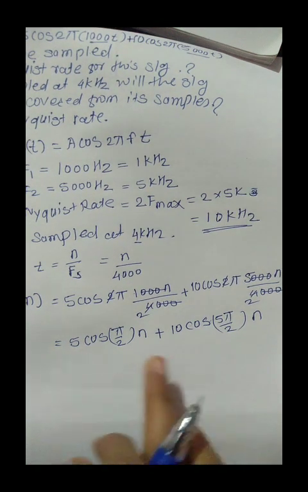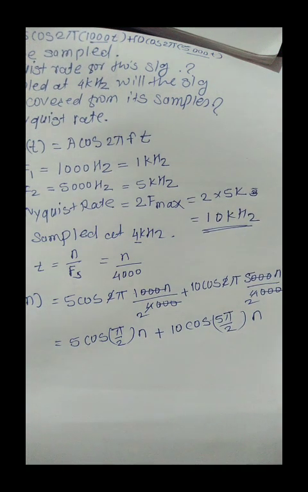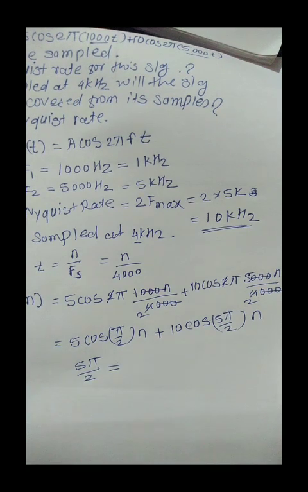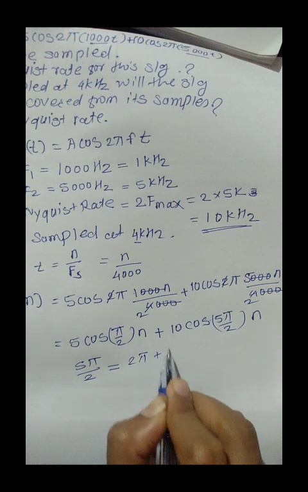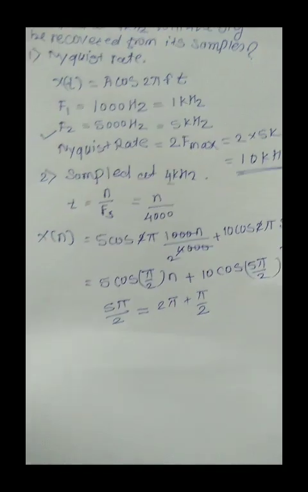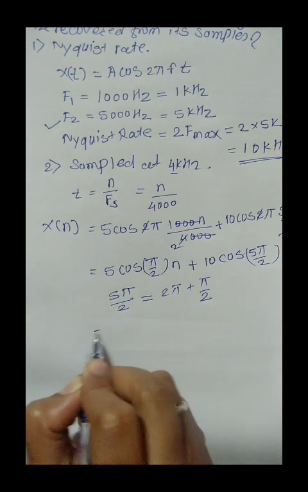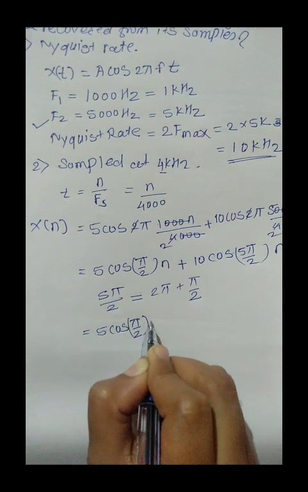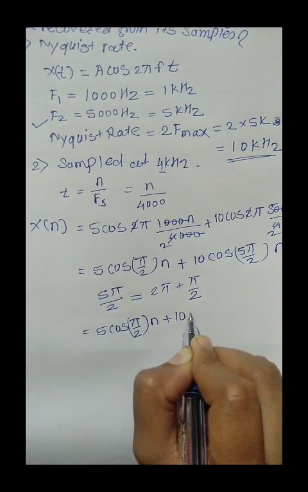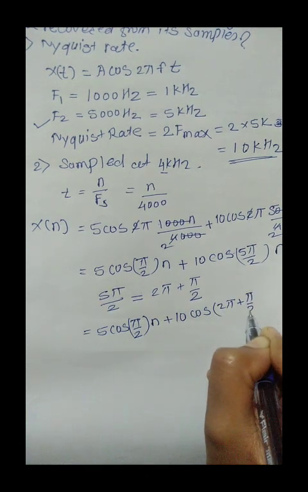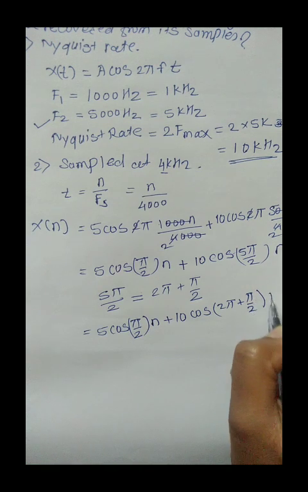Now 5 pi by 2 can be written as 2 pi plus pi by 2. So I can put 2 pi plus pi by 2 in place of 5 pi by 2: 5 cos pi by 2 n plus 10 cos of 2 pi plus pi by 2 n.